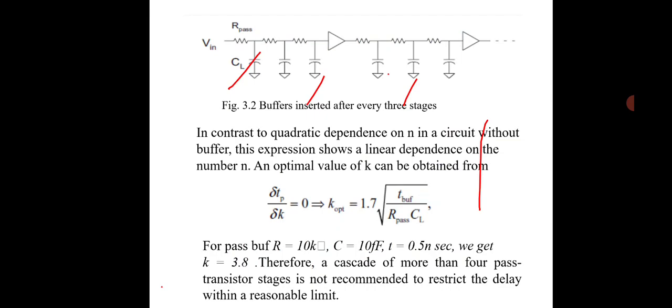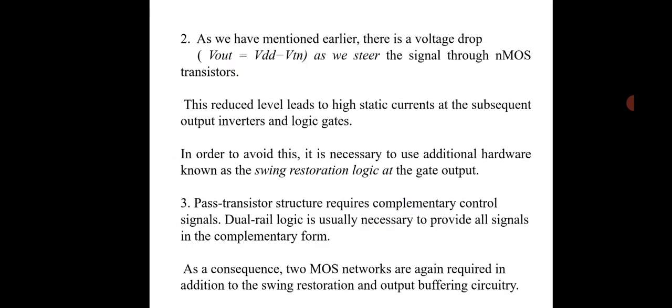The long delay can be overcome with the help of buffers. The buffers can be inserted in between the pass transistors after every 3 or 4 transistors, depending upon the k value. The k value can be estimated with the help of a formula: k is equal to 1.7 times the square root of t_buffer divided by R_pass times C_L. So the R value and C value can be chosen from the corresponding expression, and you can calculate.